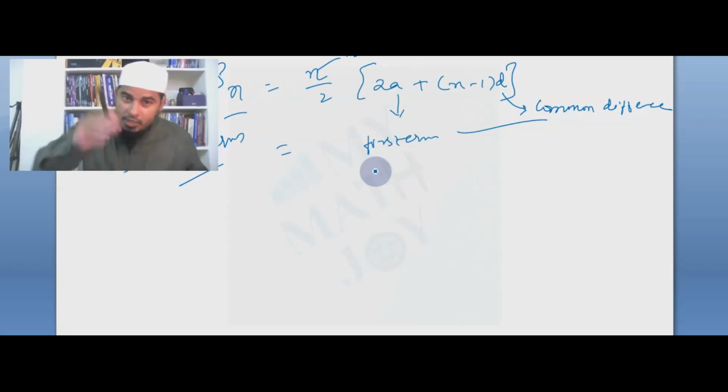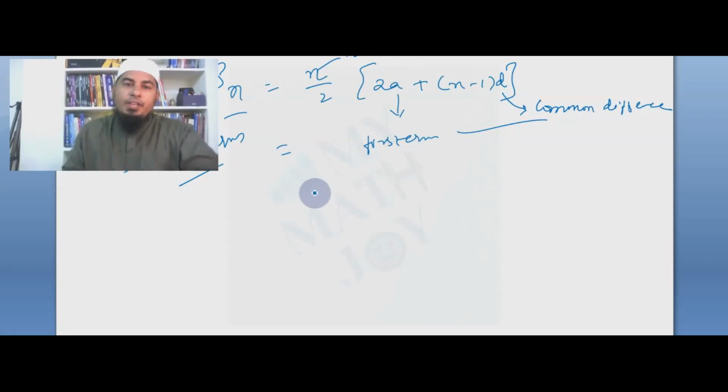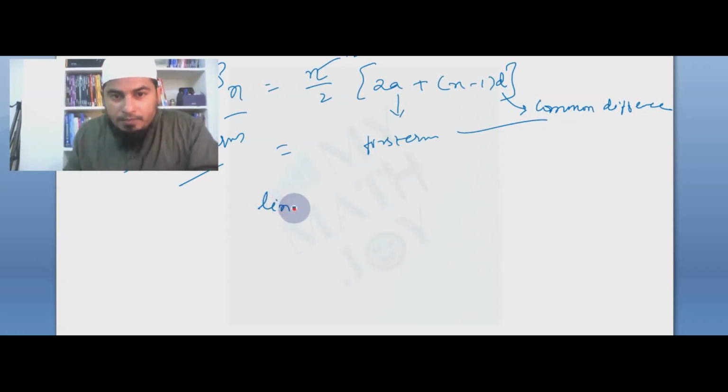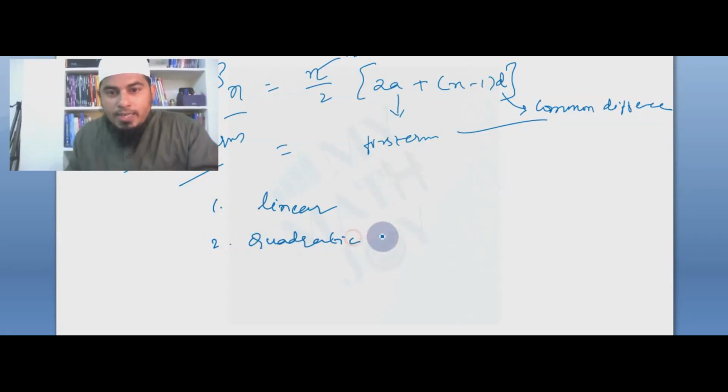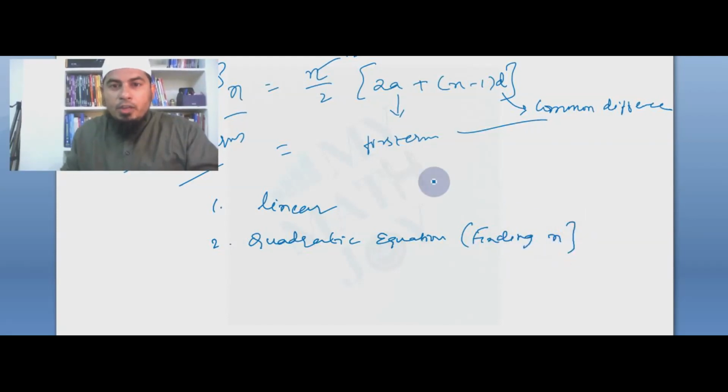In this formula, what type of simplifications will you get? Number 1, you will get a linear equation, and number 2, a quadratic equation. A quadratic equation will come when we are finding the n value, because n is unknown here.